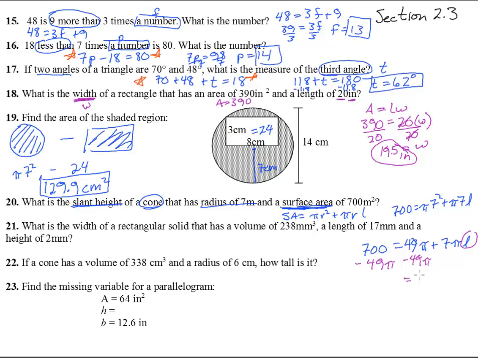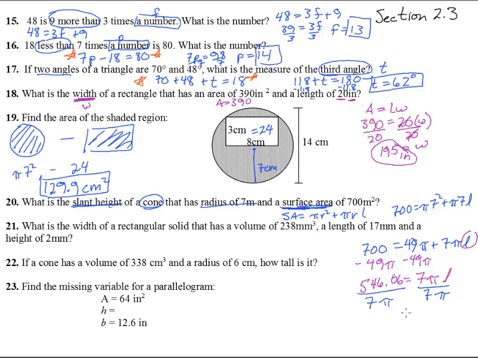And we get down here that 7 times pi times L equals, go ahead and punch that in the calculator, 700 minus 49 pi. And we get 546.06. And now, to get L by itself, the only last thing we have to do is divide by 7 pi.